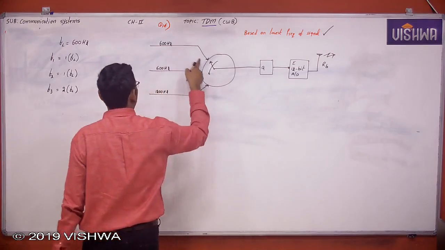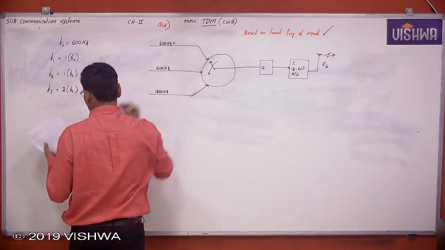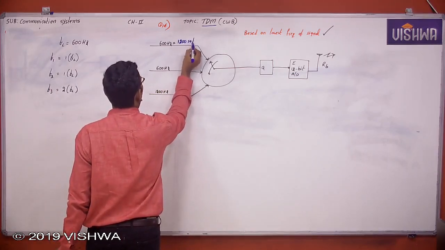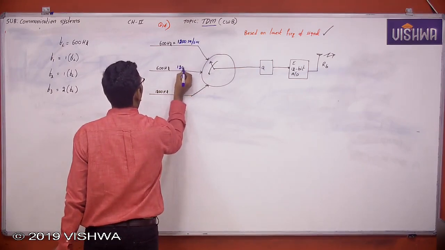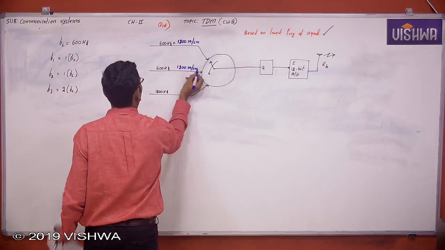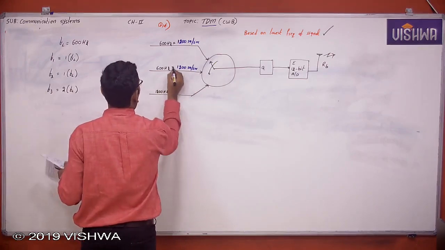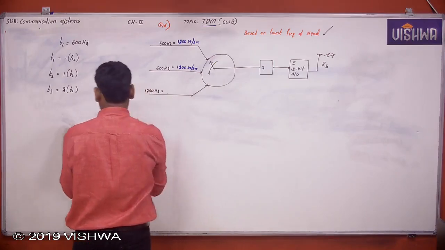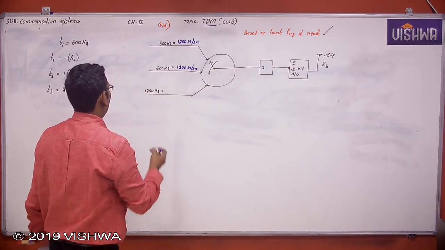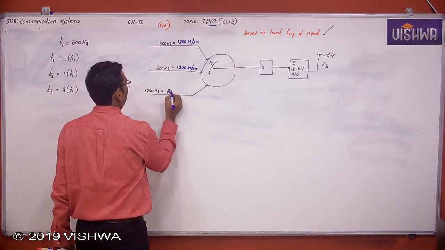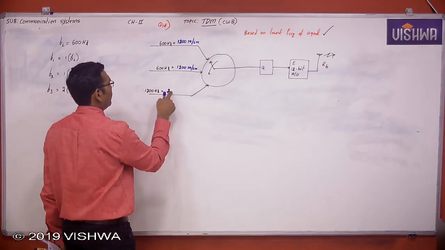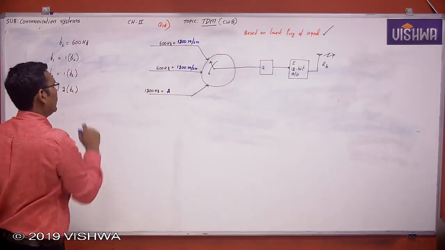But the first signal is sampled at 1200 samples per second, which is 1200 hertz. The next signal is 2400, but the commutator speed is fixed based on the lowest frequency.